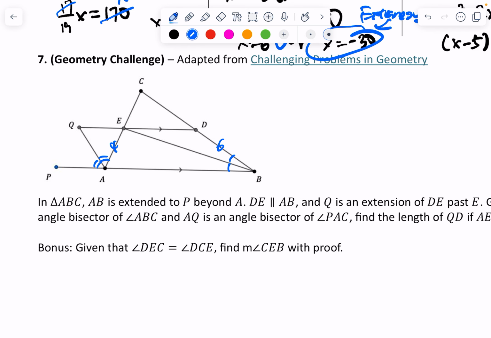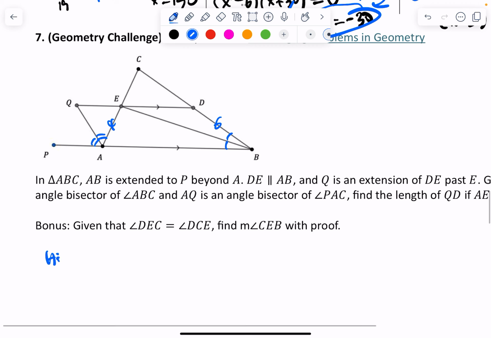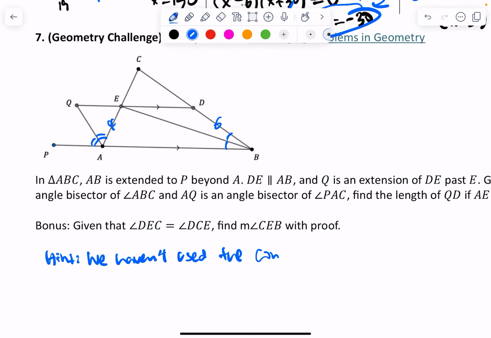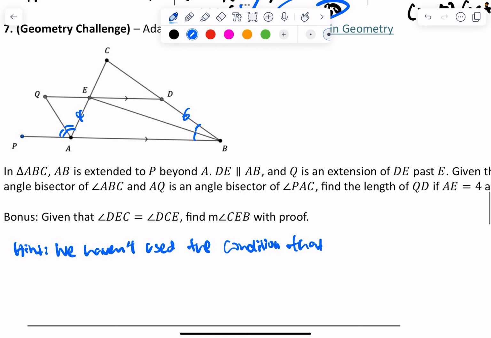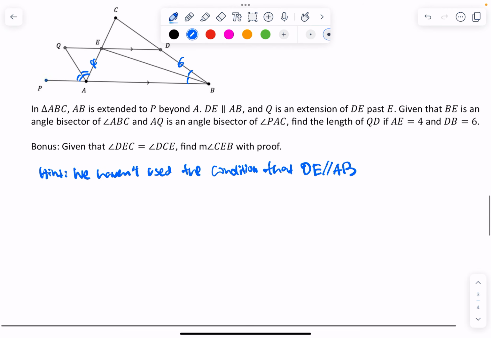Okay, how would we solve this problem? That's a good question. Let me give you a hint first, right? We haven't used the condition that DE is parallel to AB. We haven't used this condition yet. That's hint 1.